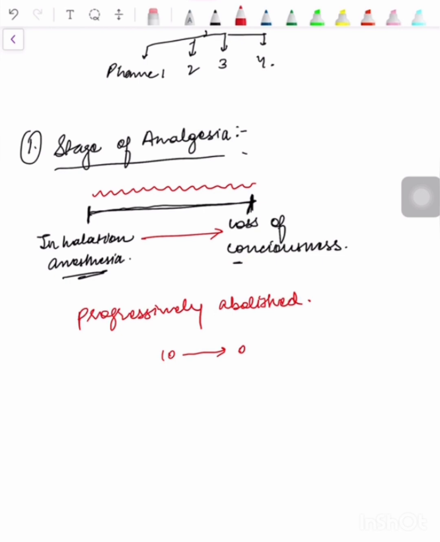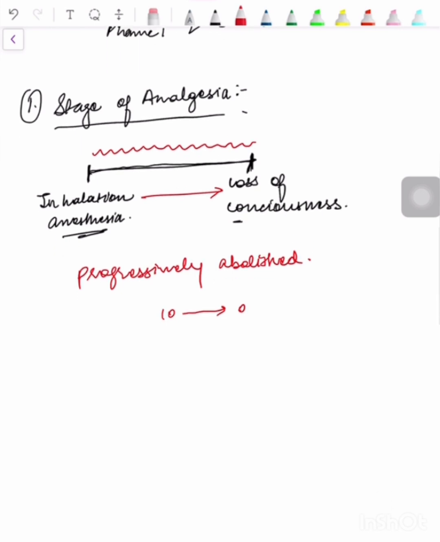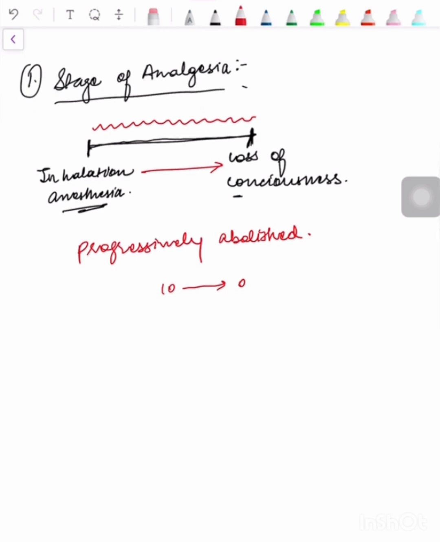The patient remains conscious, can hear and see things, and feels a dream-like state. Although consciousness is lost, the patient still can see and hear things, so it is a dream-like state, as he can still hear or see things.